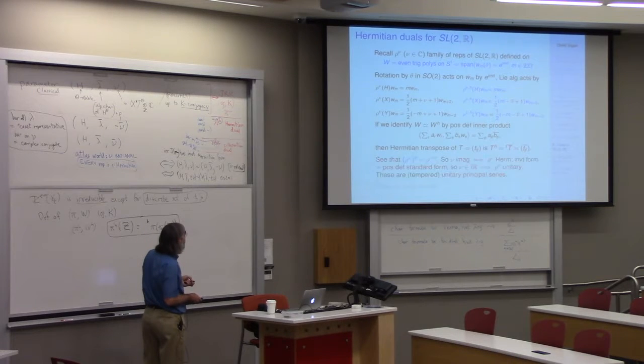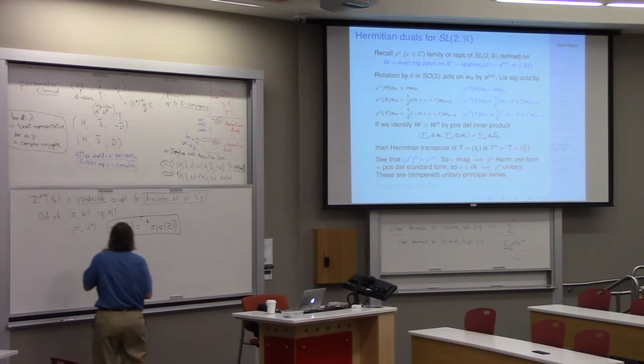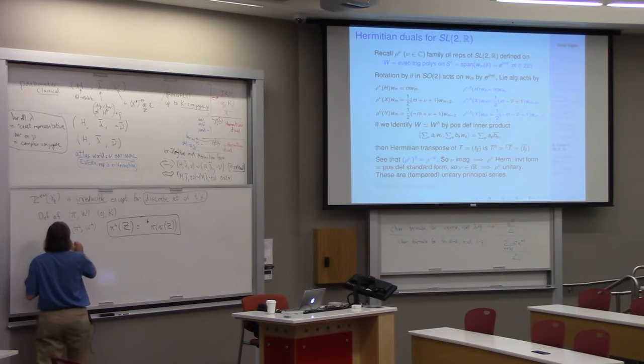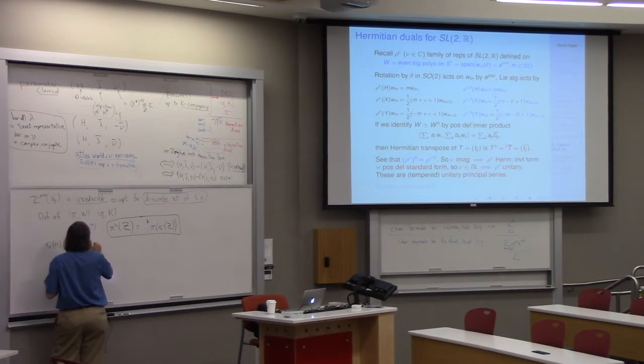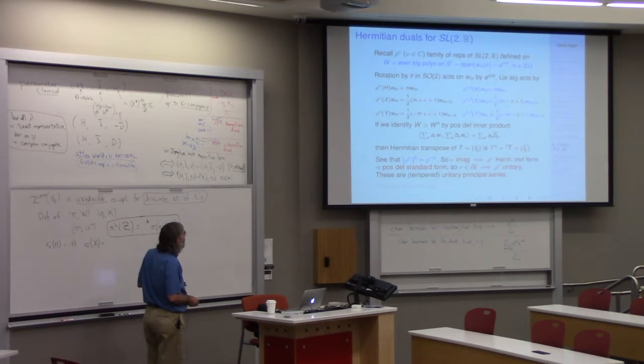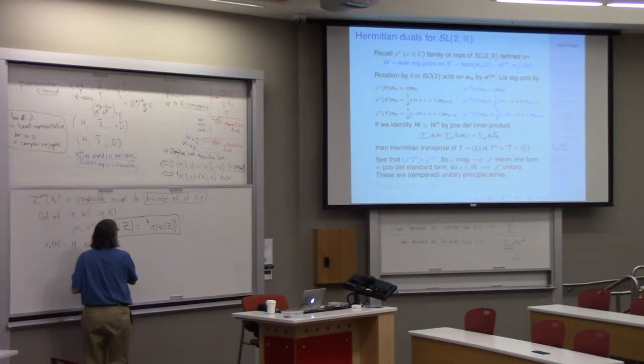So we need to know, did I write it? I didn't write here. The sigma 0 of H is minus H, and sigma 0 of X is, I think, and damn it, I forgot the minus sign.